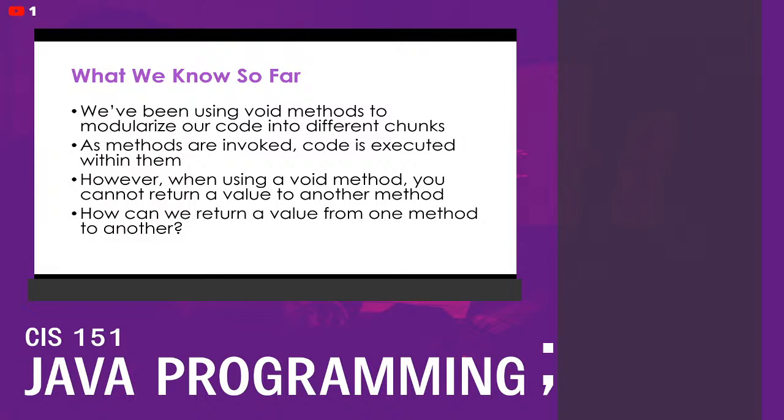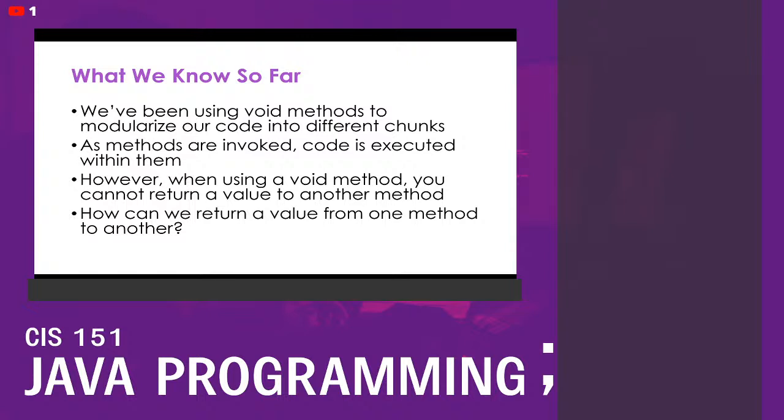And at the heart of code modularity, with the spirit of wanting modular code, interconnecting all of our methods like that is not particularly useful, not particularly helpful. It doesn't really modularize our code because we have these interconnected methods where one can't work without another. And that's just by the nature of the void method.